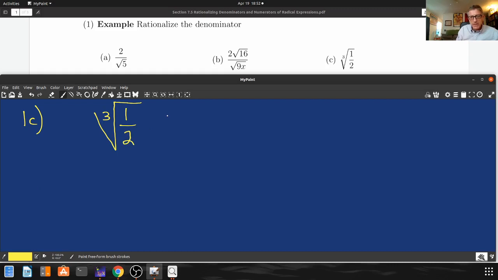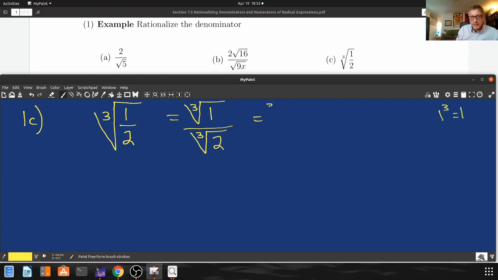So the first thing I'm going to do here is use my quotient rule for radicals and write this as the cube root of 1 over the cube root of 2. And here, if you don't know what the cube root of 1 is, just realize 1 cubed is equal to 1.